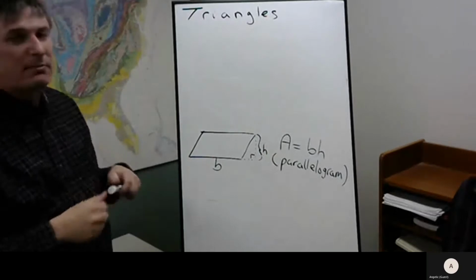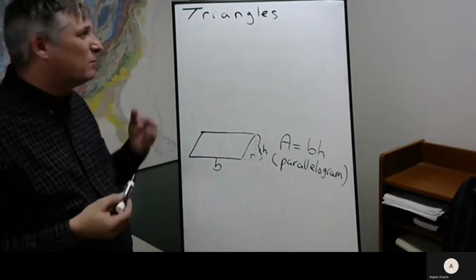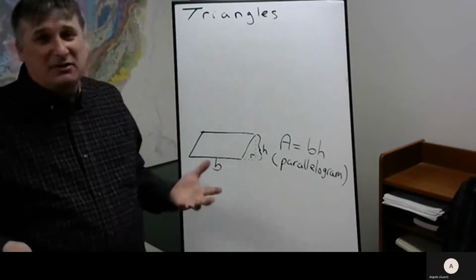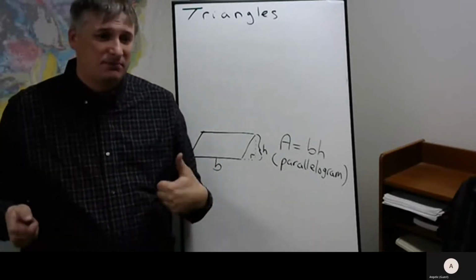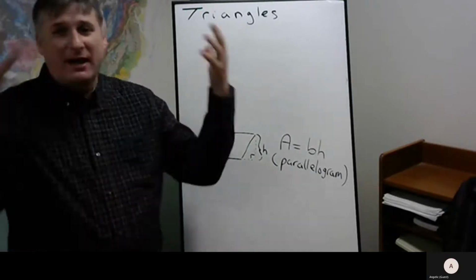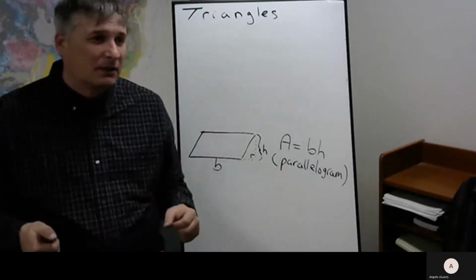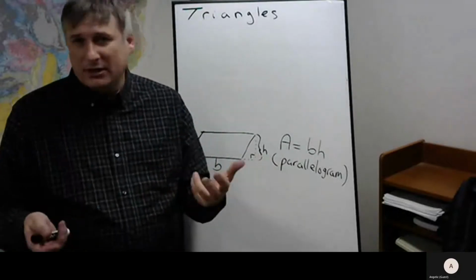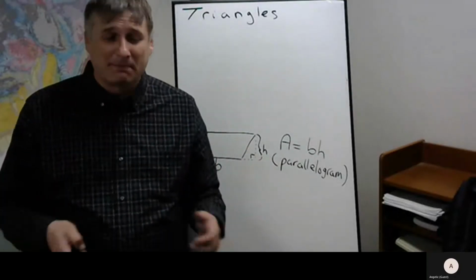I can post something on the Blackboard site explaining where the formula for the area of triangles comes from. It's basically as you turn the triangles into something like a rectangle or a square, and then you fill that with squares, little squares, and then to do that, you have to double its area.